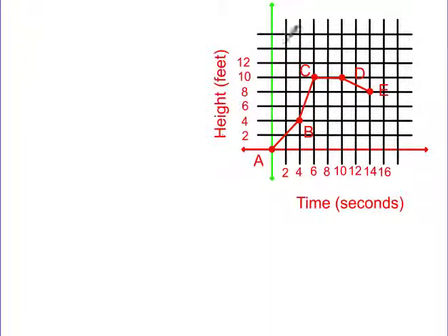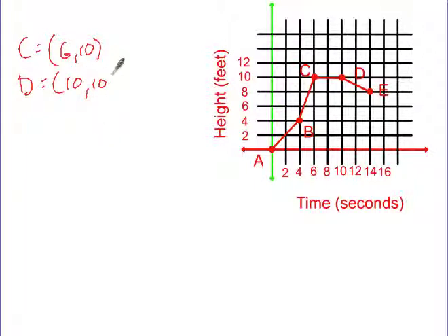But I want to illustrate one thing that's happening from point C to point D right here. What is the rate of change from C to D? 2. Okay, let's get the ordered pairs. C is 6, 10. And D is 10, 10.